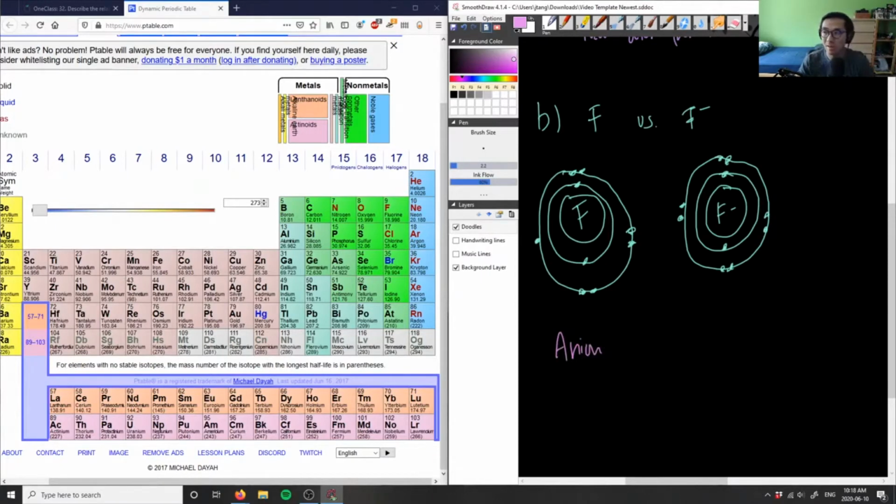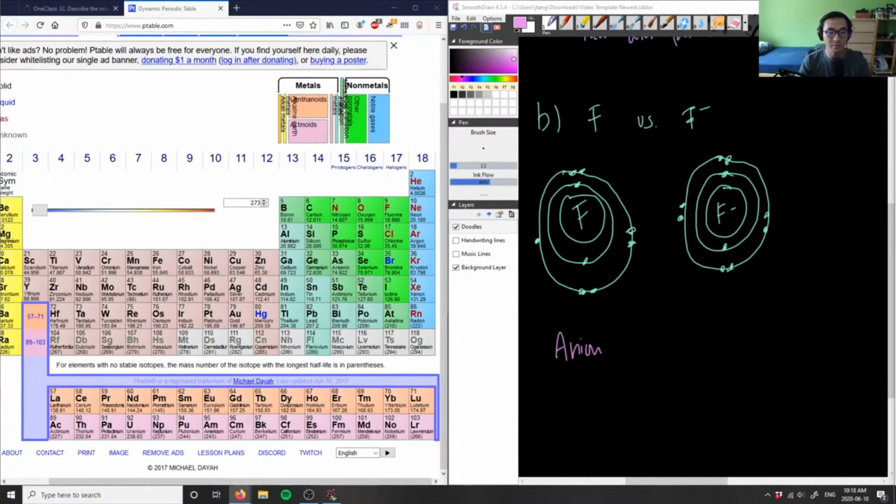So this one would be F minus, and what we can do with F minus is look at both of these Bohr-Rutherford diagrams here, and we can see that both of these are very, very similar. We have F minus here, and we have F here, which has 2 shells.